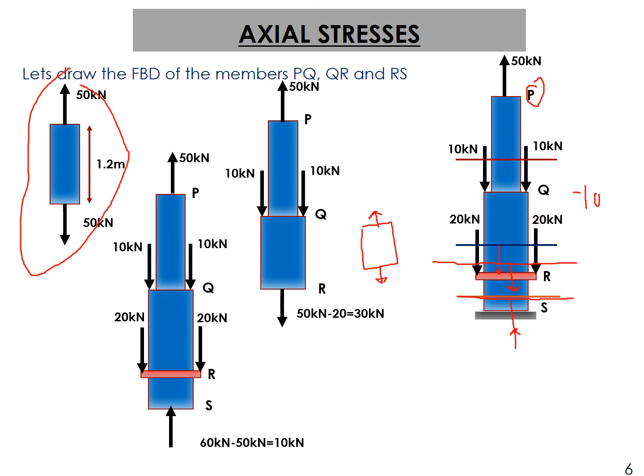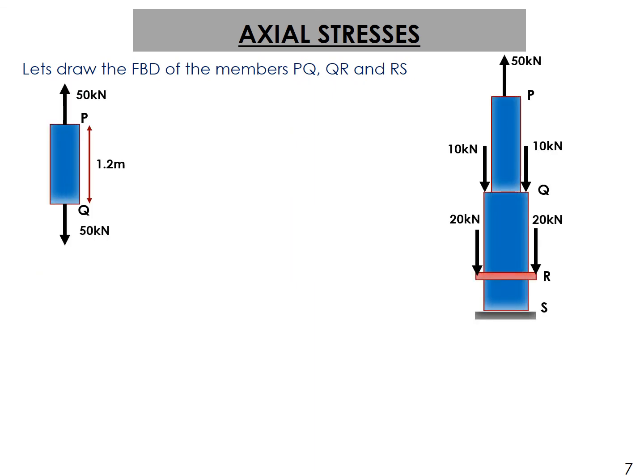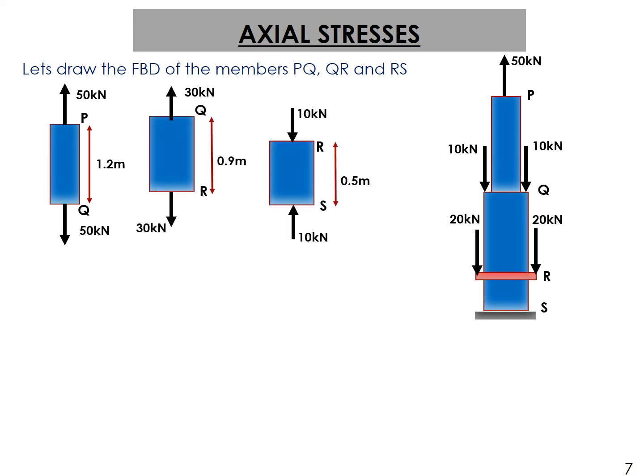This is load 30. Similarly, for member RS we will have a load of 10 and 10 on the opposite sides. So these are the final free body diagrams which I am showing you for PQ, for QR, and for RS.